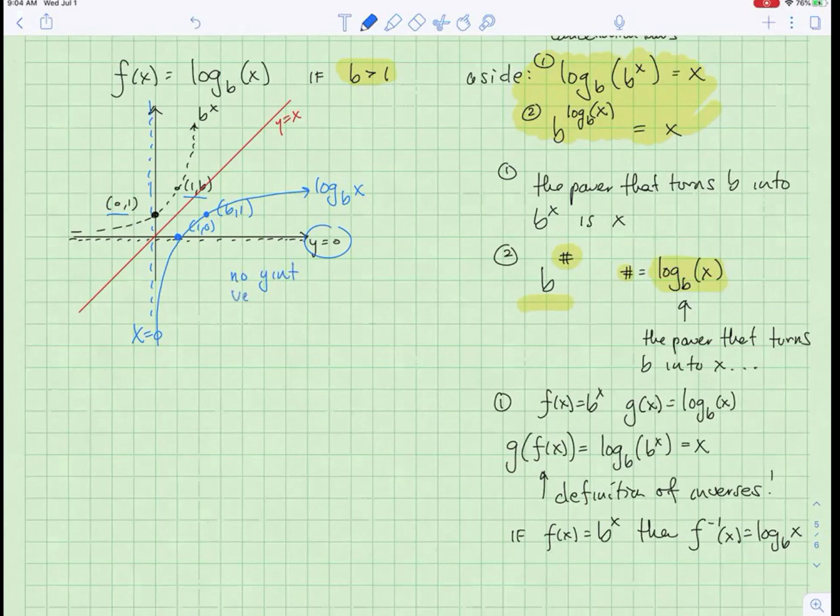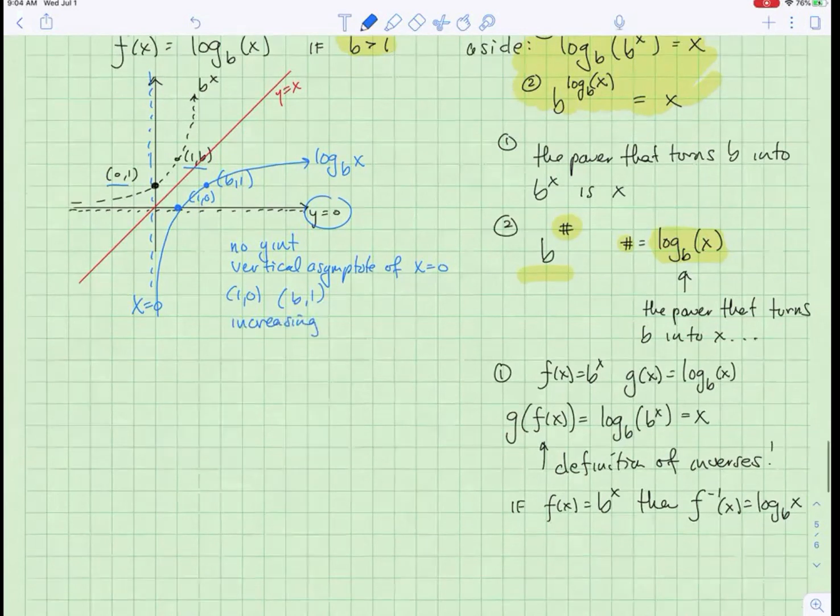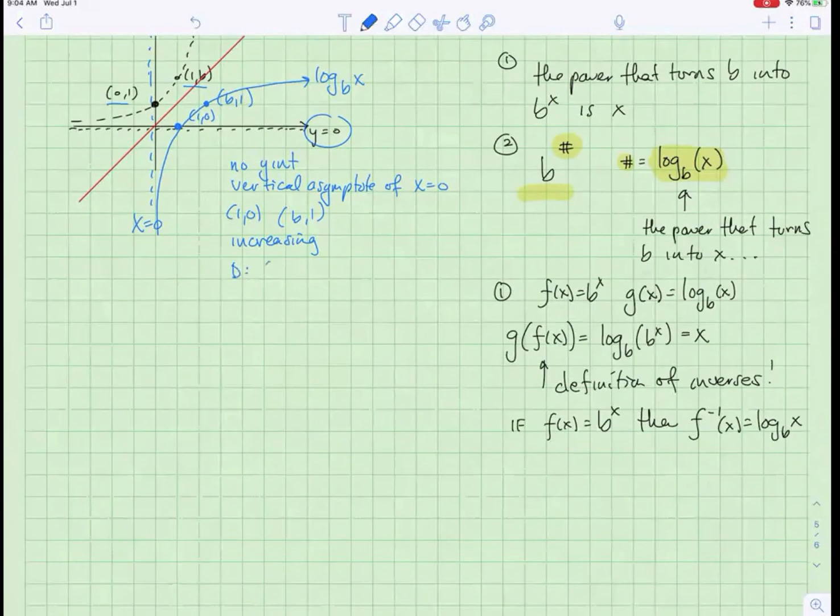This has a vertical asymptote of x equals 0. It goes through the points 1, 0, b comma 1. It is always increasing. It's got a domain of 0 to infinity. It's got a range of all real numbers. You'll notice that that's flip-flopped from the exponential curve that we talked about earlier today.